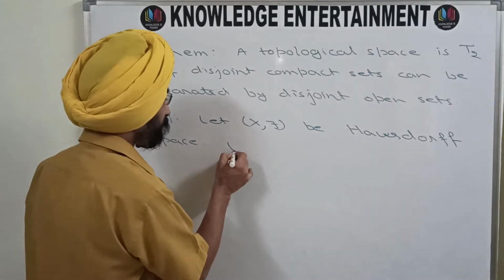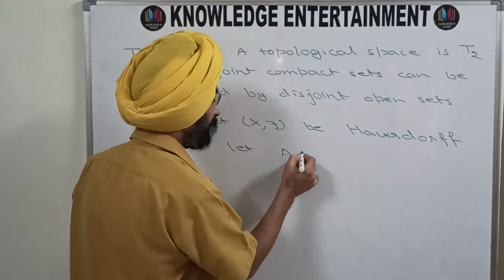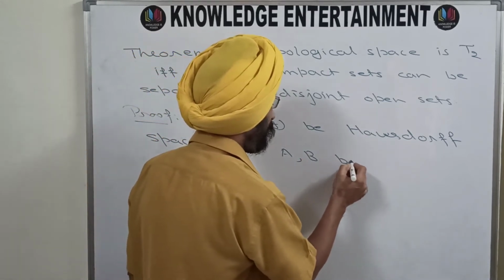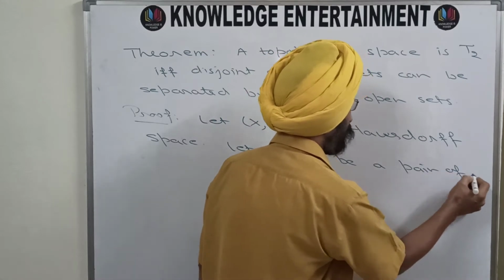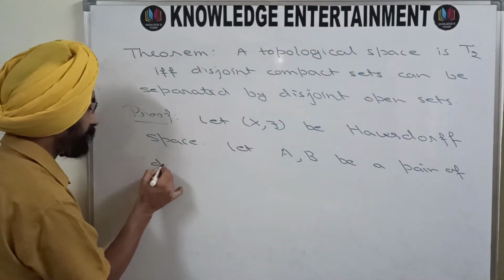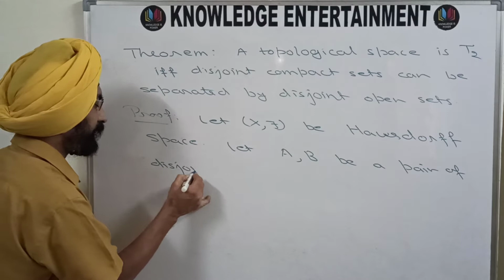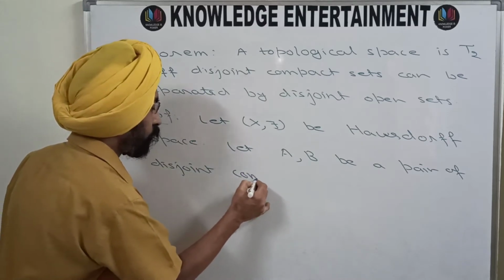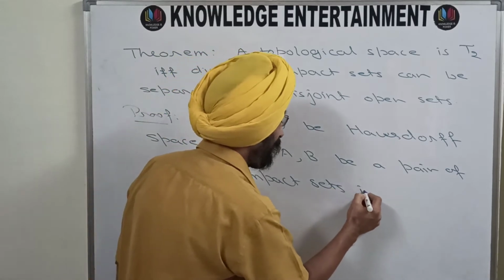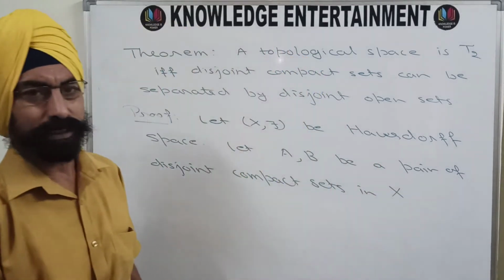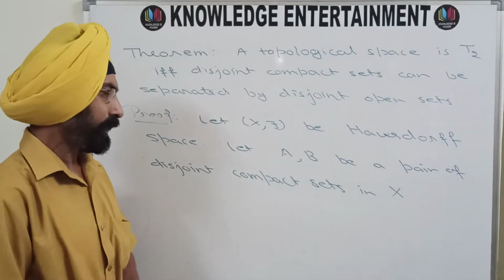So let A, B be a pair of disjoint compact sets in this topological space X.